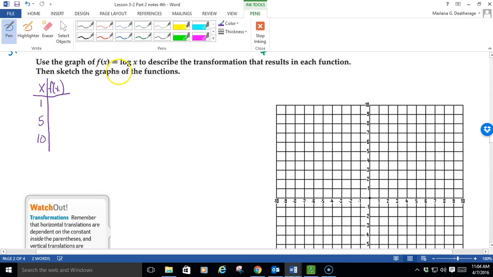So can somebody do log of 1 on your calculator? Which if you think about it, that would be 10 to the what power equals 1? Anybody get it yet? 0.